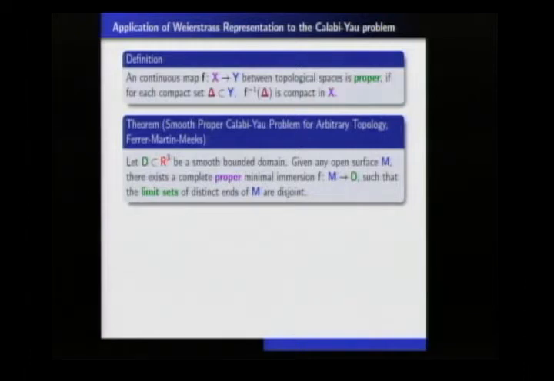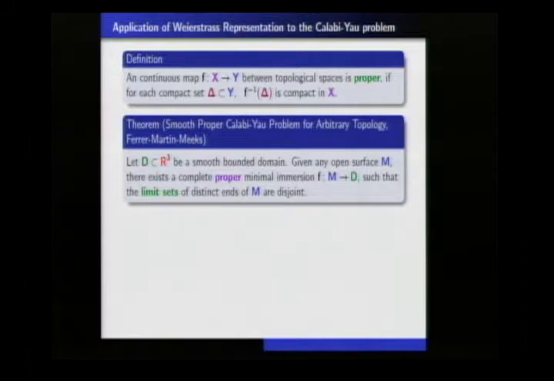And in general, we really need smoothness of the domain because Martin and myself, we produced an open domain in the unit ball. Okay, we produced a bounded open domain with the property that, but it's not smooth.